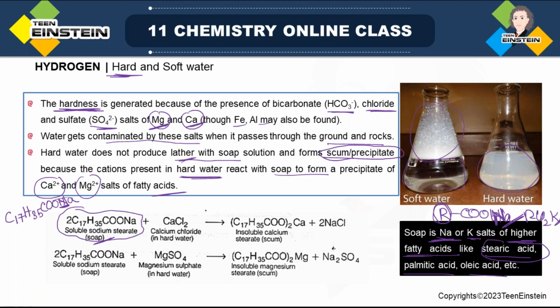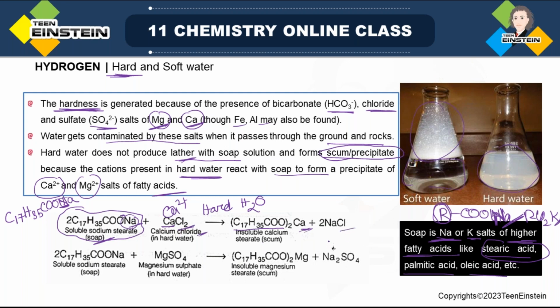Now suppose you have taken some hard water and you are mixing it with soap, and in that hard water there is the presence of Ca2+ ion. It may be calcium chloride, it may be calcium sulfate, whatever it is, but calcium 2+ is there. This calcium 2+ is now replacing the Na and taking its place. But as there is only a single negative charge on each unit, 2 of these units must be attached to Ca2+. And the sodium reacts with the anion. If it is chloride, it will be NaCl.